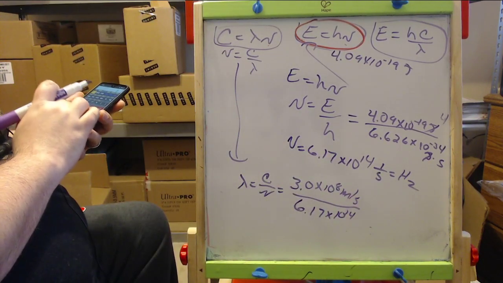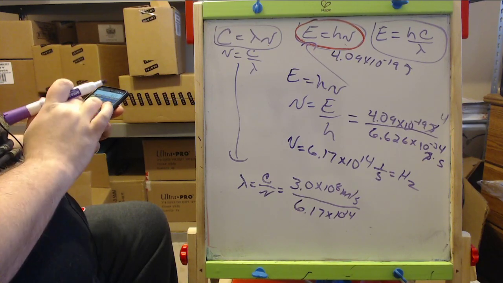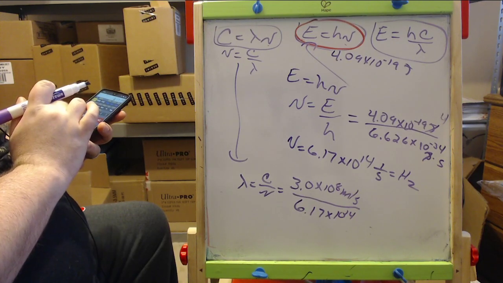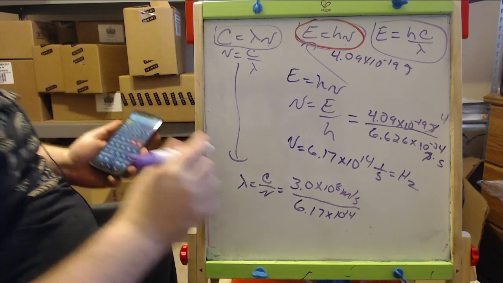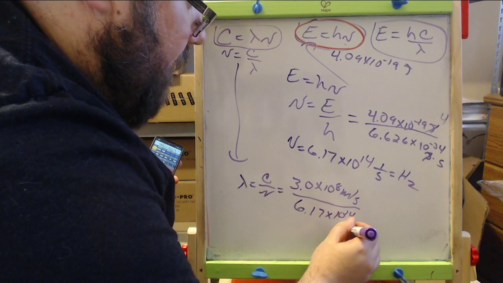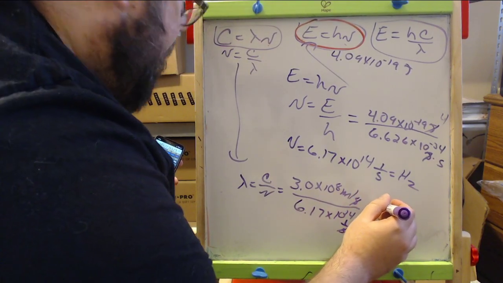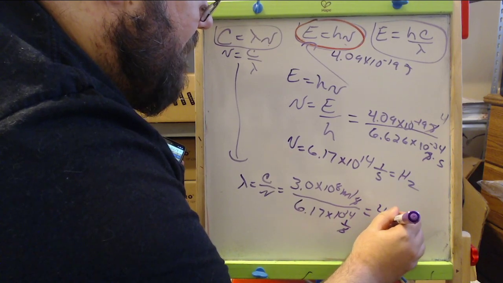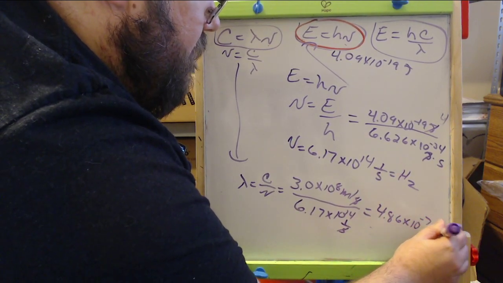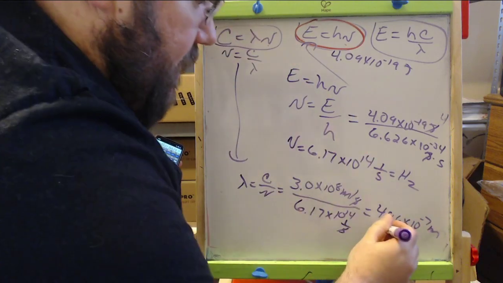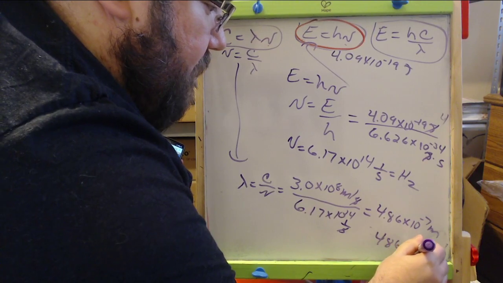So I take 3 times 10 to the 8th divided by 6.17 times 10 to the 14th. This is in 1 over seconds, so my seconds will cancel out. And I'm left with 4.86 times 10 to the minus 7th meters, which would be, if I do the conversion, 486 nanometers.